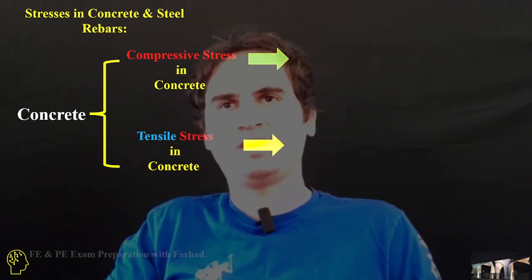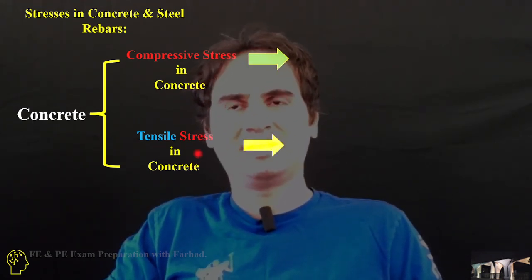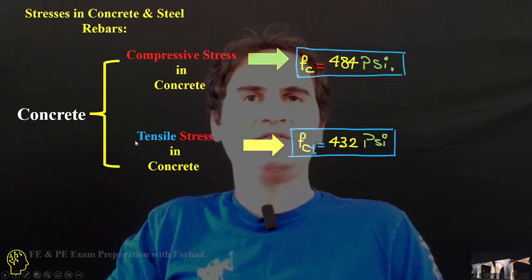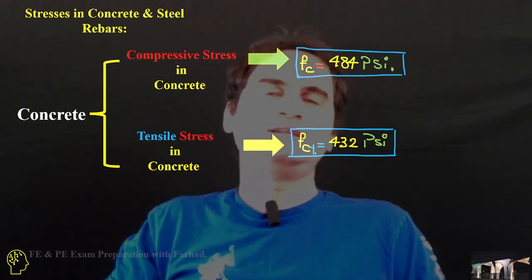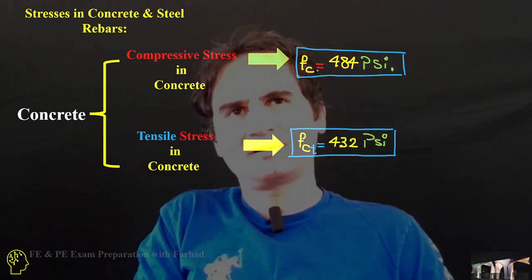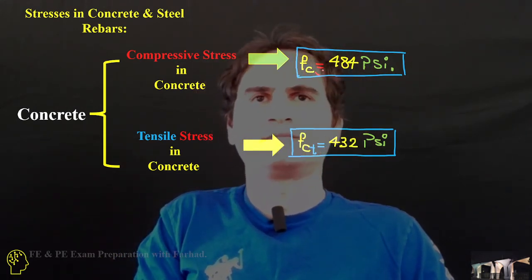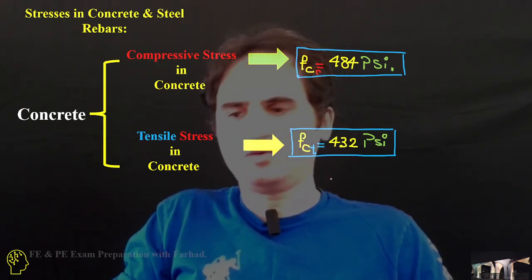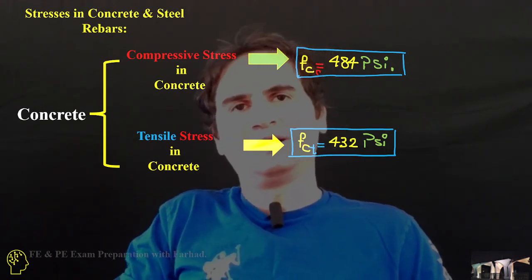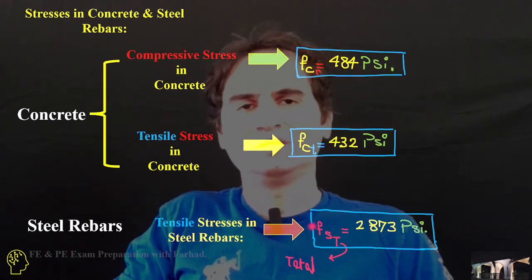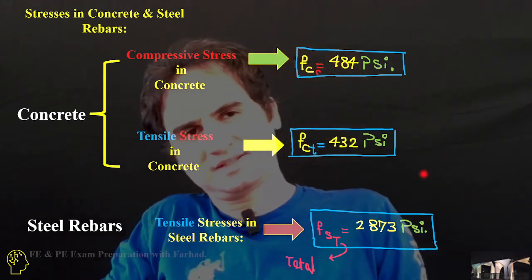So FCC, the concrete compression, is 484. FCT, the tensile concrete stress, is 432. And the steel rebars have a total stress of 2873 psi.